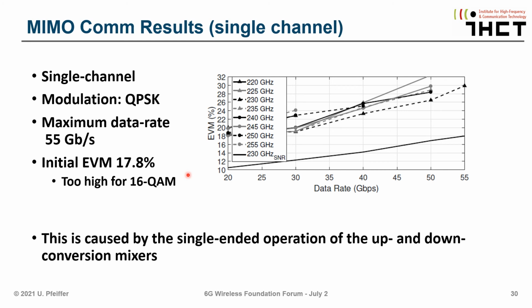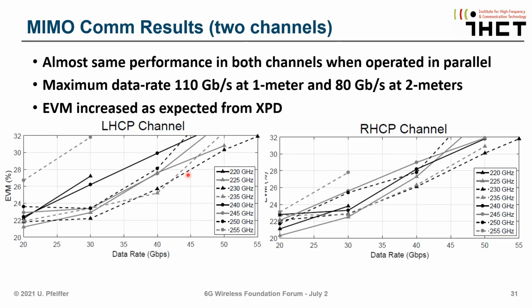And next, we were combining two channels at the same time, and we were almost getting the same kind of performance. So we reached again 55 gigabits per second in each of these channels, which then added up to 110 gigabits per second over 1 meter.